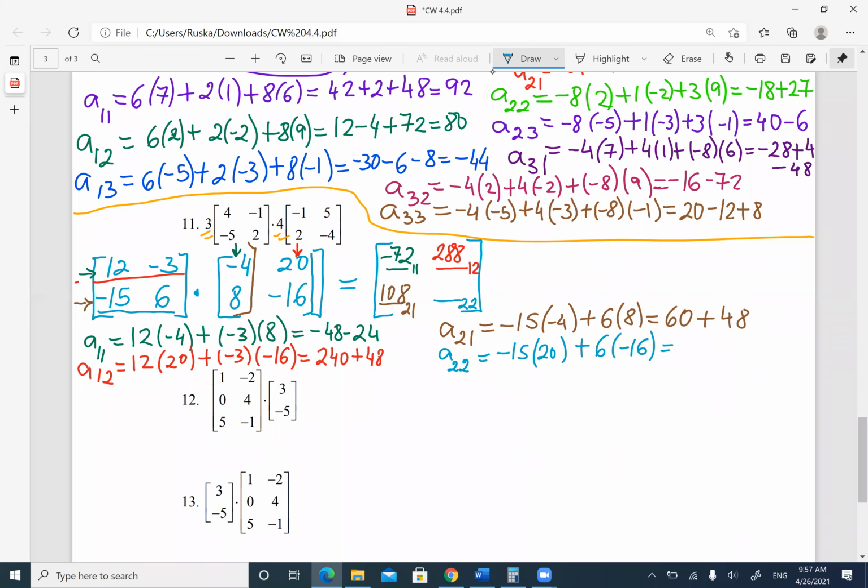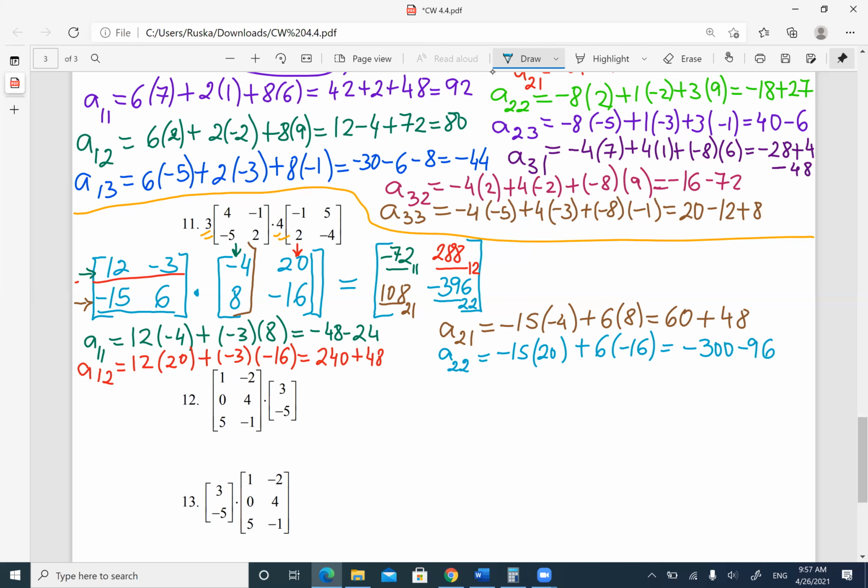Negative times positive is negative 300. And then minus, because positive 6 times negative 16 is going to be negative 96. And when I add those two, it's going to be negative 396.